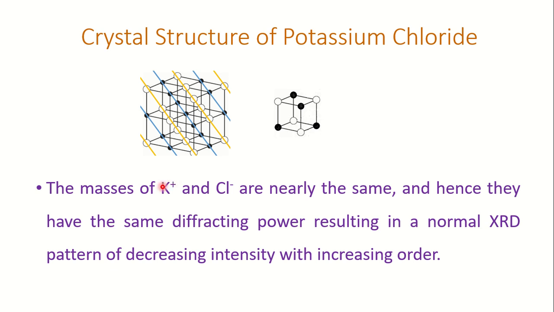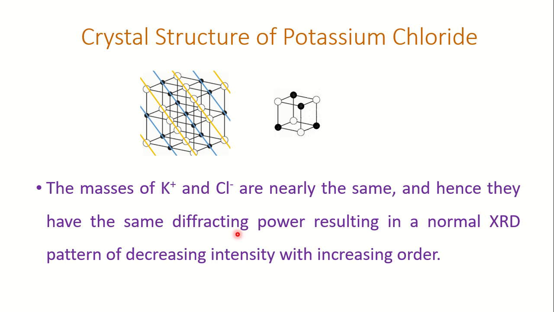But since potassium cation is much larger than sodium cation, it is quite capable of diffracting the X radiation with high intensity lines. That is why this is also taking part in producing the Bragg diffraction reflection maxima. And hence they have the same diffracting power, resulting in a normal XRD pattern of decreasing intensity with increasing order.